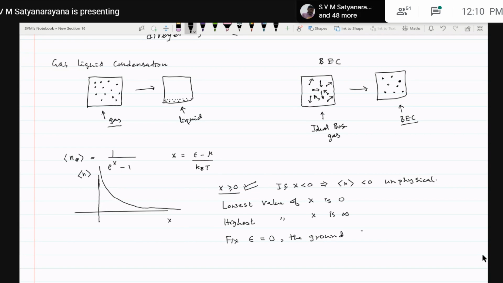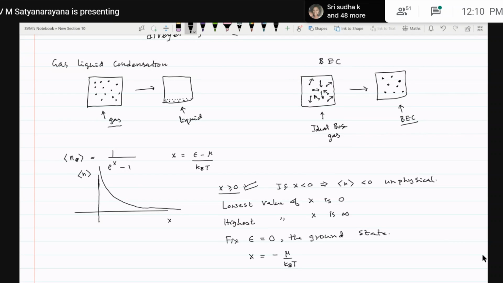I am interested in this ground state occupancy. Then my x is equal to minus mu by kB, correct? So what should mu be?